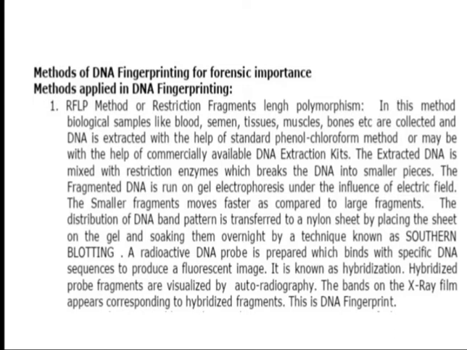In this method, biological samples like blood, semen, tissues, muscles, bones, etc. are collected and then DNA is extracted with the help of the standard phenol chloroform method, or maybe with the help of commercially available DNA extraction kits. So initially we have to take a sample in the form of blood, tissues, muscles or bones, and then extract DNA from it.